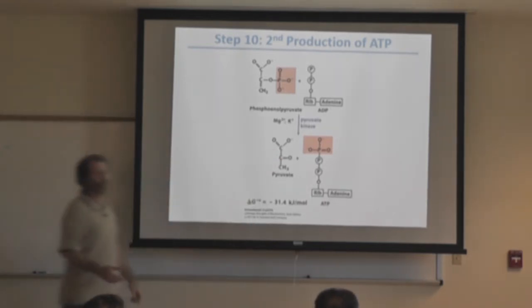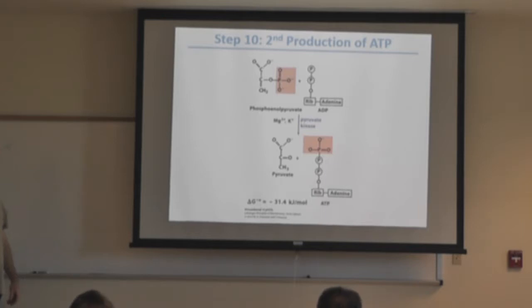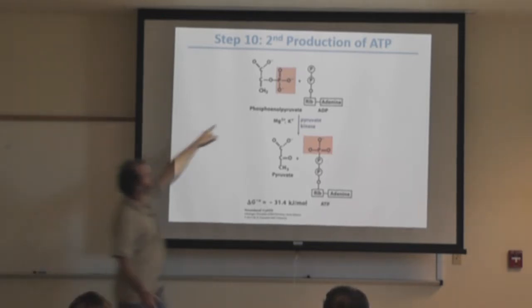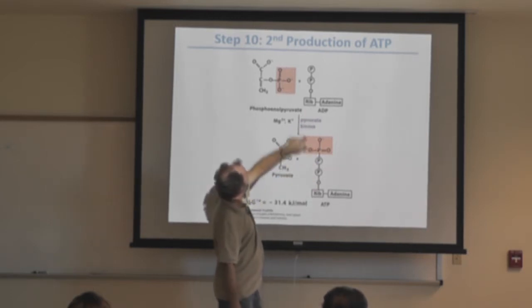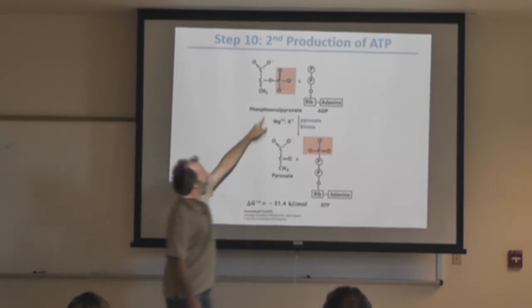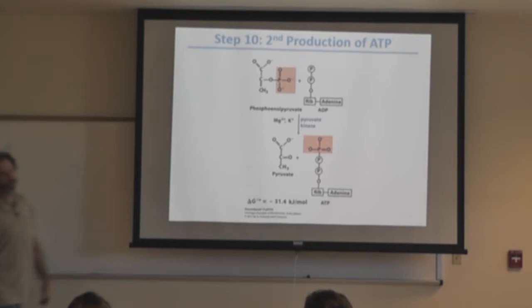So you get energy 2 times out of this reaction, right? First you remove the phosphate here, it gets picked up by ADP to make ATP, and you're going to end up with the enol form of pyruvate, and that's heavily not favored, so it's much favored if you get rearrangement back to the keto form, right?